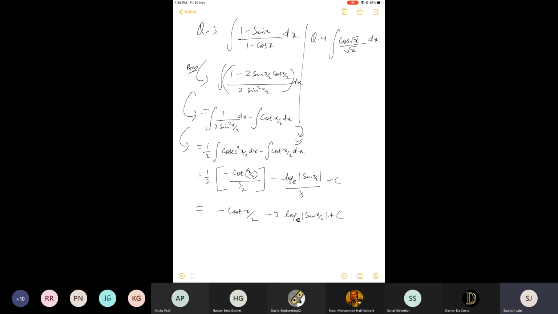Now the next question, the fourth one. For the fourth one, I am giving you the hint, you need to substitute something. It is very clear, those who have paid attention in differentiation can tell me what the substitution will be. Who will tell?